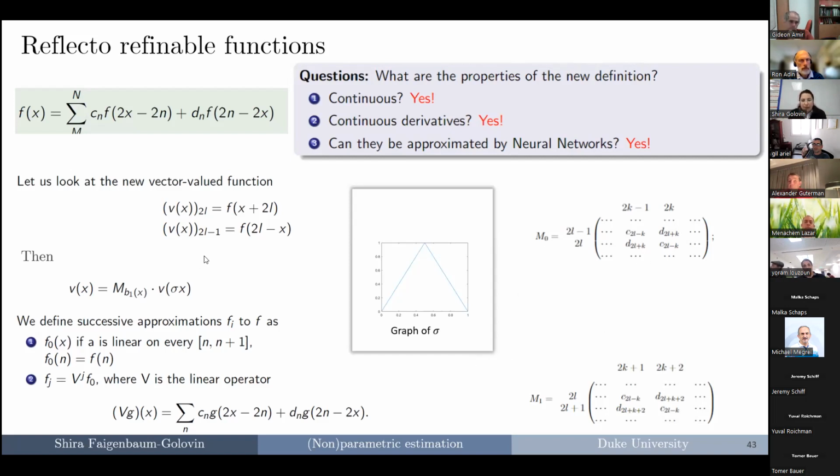So now we rewrite this equation in the matrix form. We have this V, we multiply it by this matrix M, and we decide whether to use the matrix M0 or M1 based on the binary bit of x, meaning that each time we find the binary expansion of x and we see whether it has 0 or 1, and based on that, we decide which of the matrices to use.